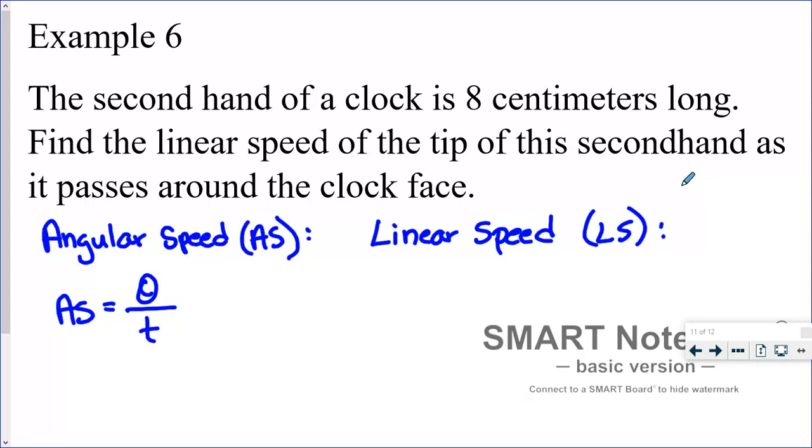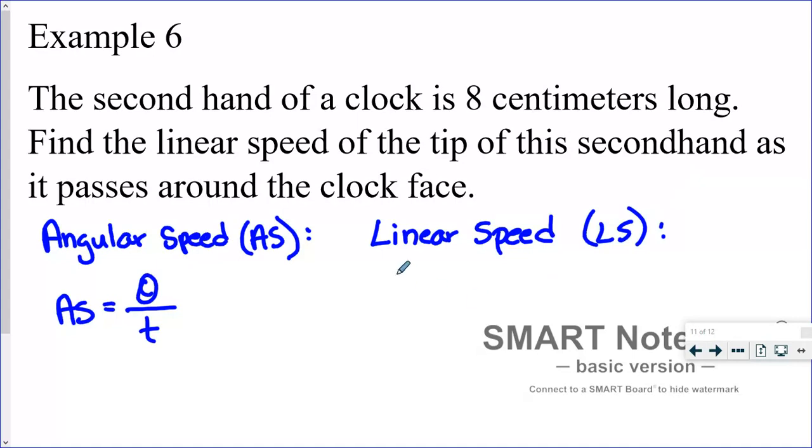How fast are you actually moving? And that, of course, is some measurement of speed, so some unit of distance divided by some unit of time. Feet per second, miles per hour, meters per second, whatever.